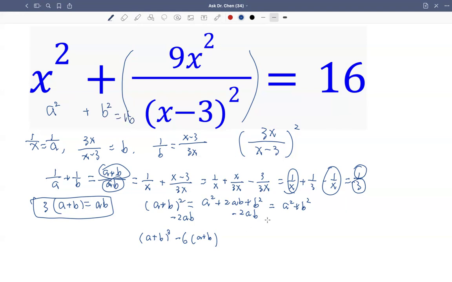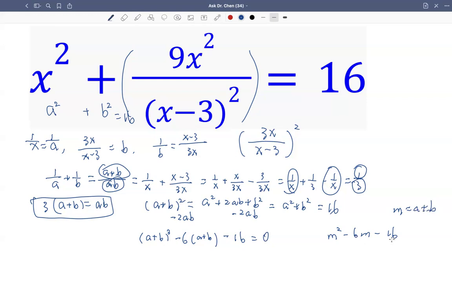So A squared plus B squared just equals 16, so we subtract 16 and get 0. If we think of A plus B as some M, we have M squared minus 6M minus 16 equals 0. In this case, we let M be A plus B.